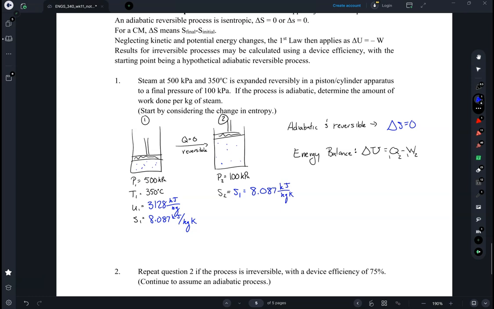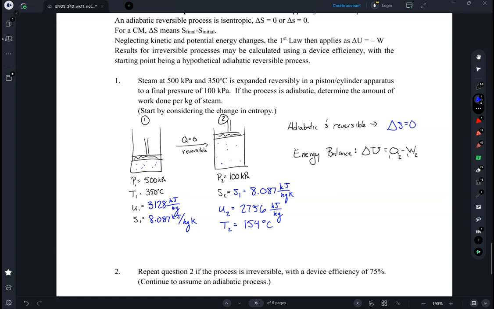This can allow us to look up the other properties that might be of interest, like say U2, which is 2756 kilojoules per kilogram. We could also look up something like T2. We might not need to, but just for example, this would be about 154 Celsius. Okay, so similar to how problems that we've solved before, we have this adiabatic reversible expansion. We go from high pressure, high temperature down to low pressure and low temperature.